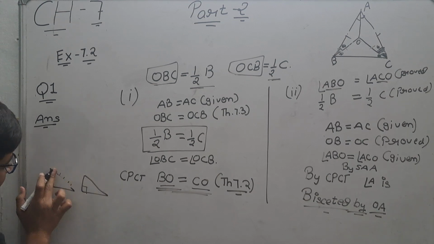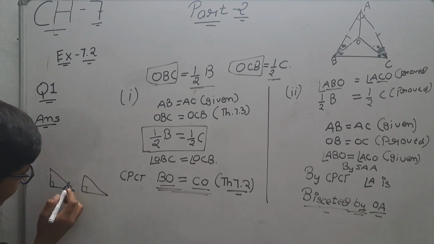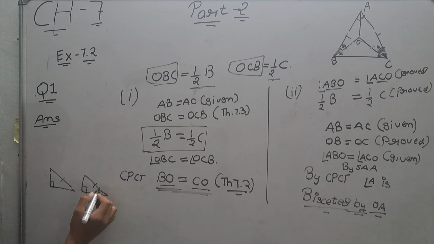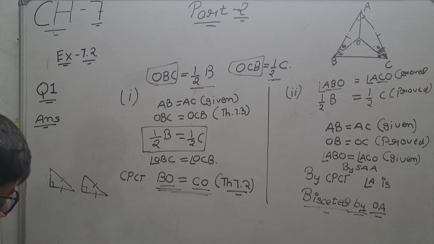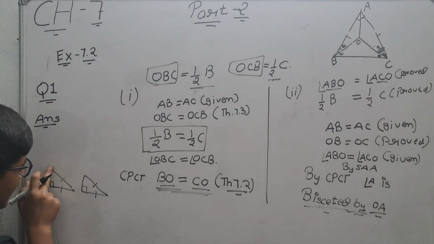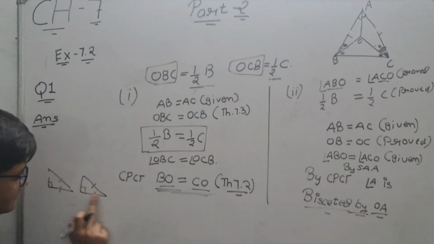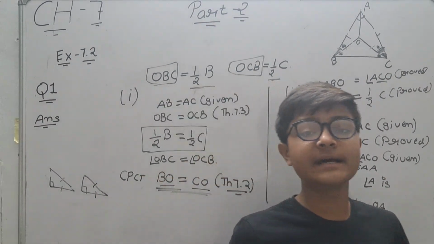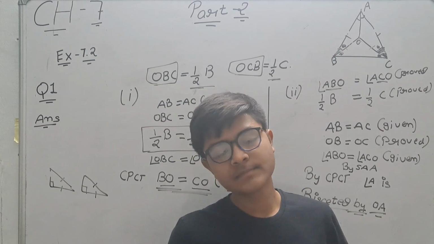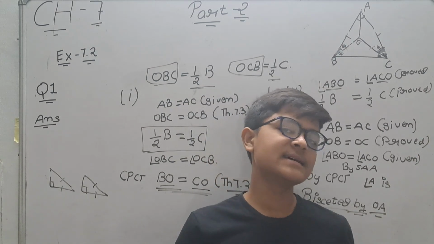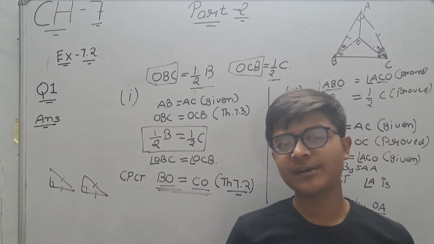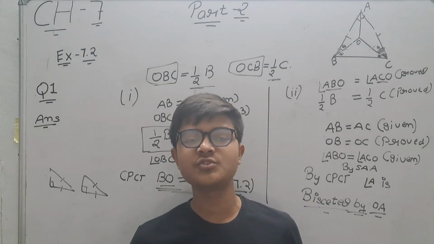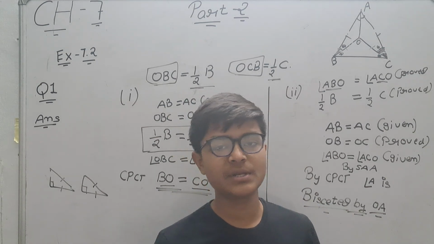This hypotenuse is equal to this hypotenuse, and one side is equal to one side. If in two right angle triangles the hypotenuse and one side are equal, then they are congruent by right angle hypotenuse side. Yes students, right angle hypotenuse side. I hope there will be no confusion in theorems 7.2, 7.3, 7.4.